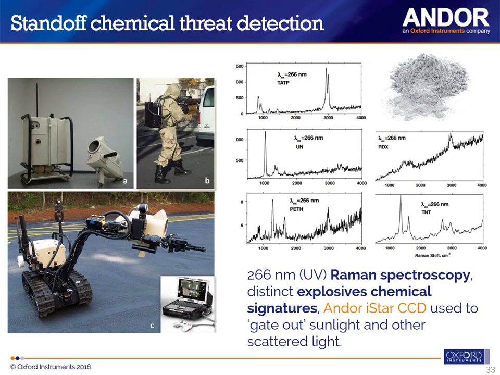So the ICCD can be used to look at a very small nanosecond time window during which the Raman signal can be collected, and it rejects all of the unwanted sunlight and other scatter light that could hamper the useful signal information.